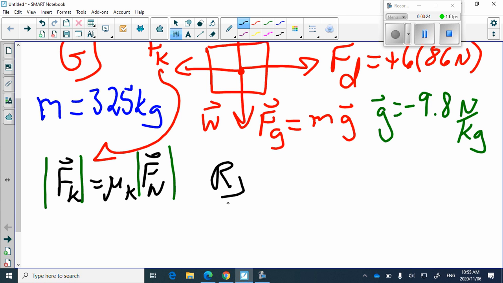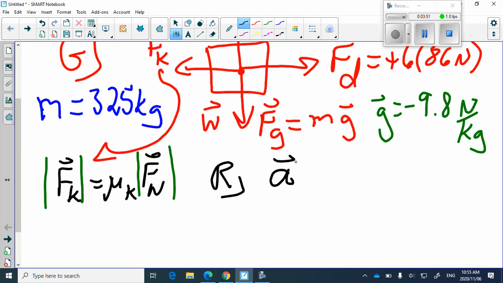Then, required. Required is they want us to find the acceleration. Now, in the past, when we've been trying to find acceleration, and it's still possible here, we've used kinematics equations. Remember the 5 equations of kinematics? But in order to use those, you need quantities like time, final velocity, initial velocity, displacement.